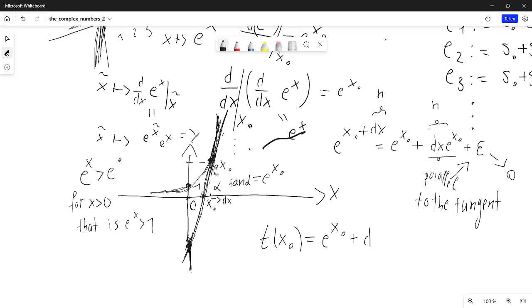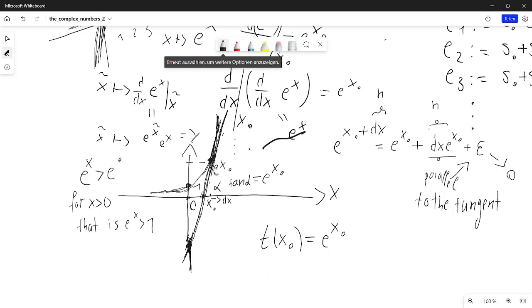Yes, our tangent at the entry point x0 is equal to e^x0. Right, and it has this slope. Right, so we have one point to which it goes, and we have a slope.